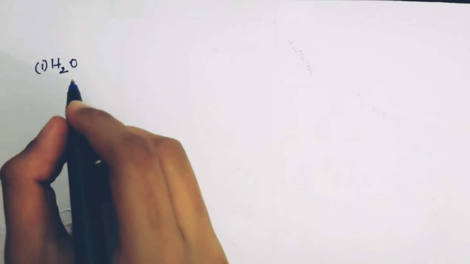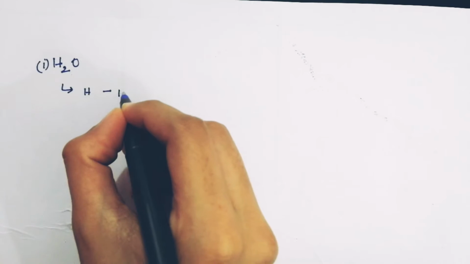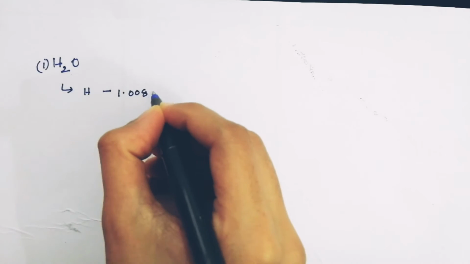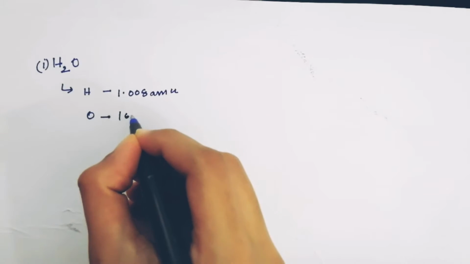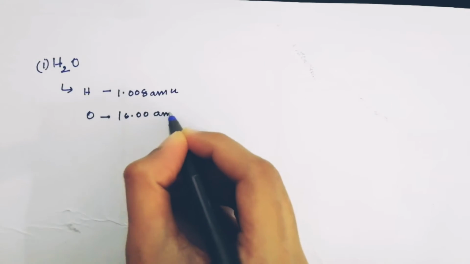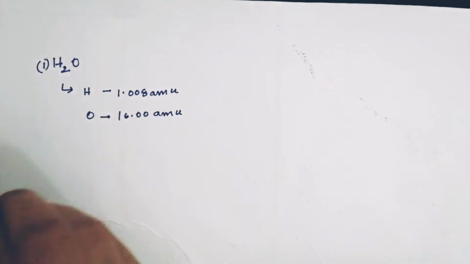Let us move ahead with the questions. First question is H2O. To calculate the molecular mass, we have to add up the atomic masses. Now we have the atomic mass of hydrogen to be 1.008 AMU and oxygen to be 16.00 AMU. To find the molecular mass, we have to add these two values.